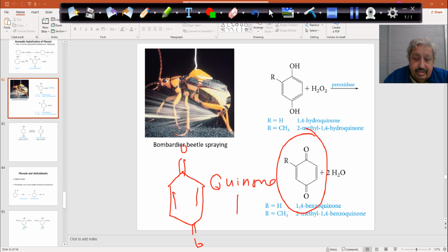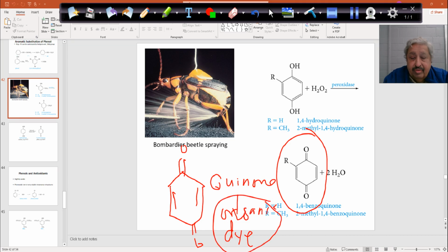And quinone is a very nice organic dye. So we can use it as an organic dye, as well as a toxin that animals defend themselves with. If you have some substituents here, R1, R2, R3, that will act like pepper spray, you defend yourself with it.